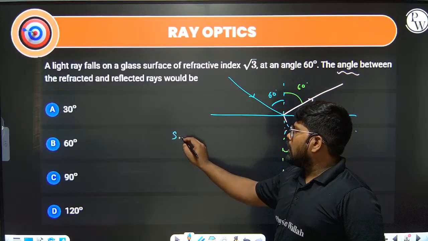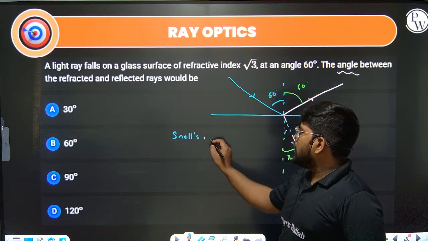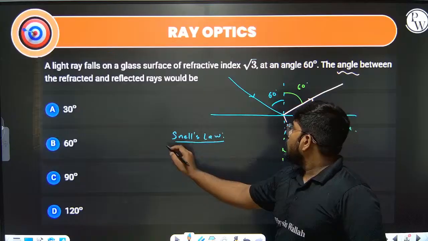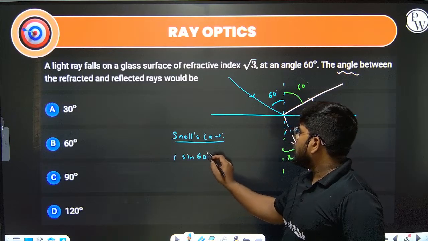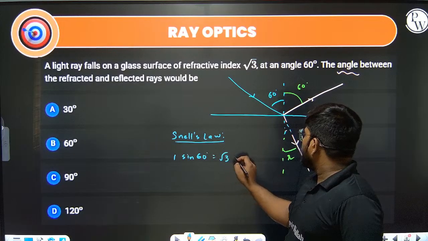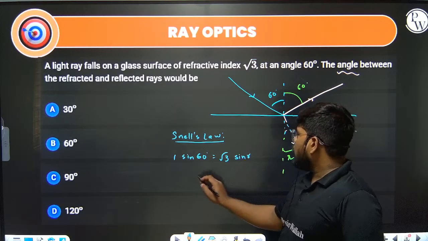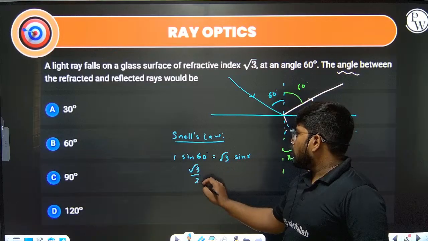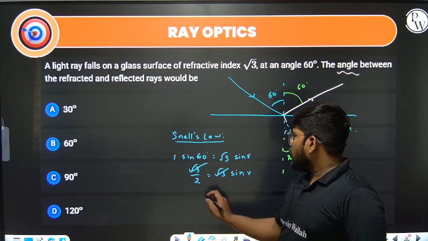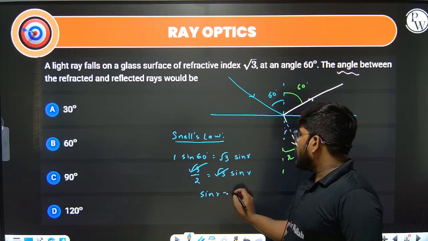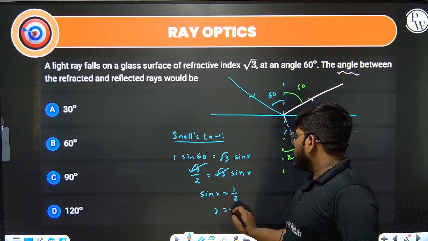Snell's law: mu 1 sine i, that is 60, is equal to mu 2, that is root 3, into sine r. So root 3 by 2 is equal to root 3 into sine r. Root 3 got cancelled, so sine r is equal to 1 by 2. So r is equal to 30.